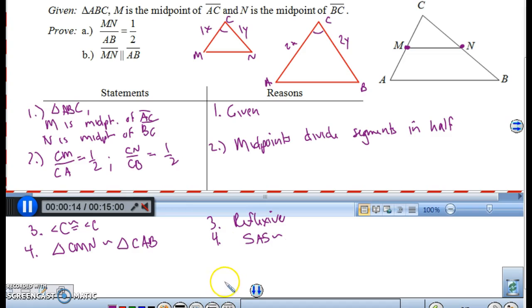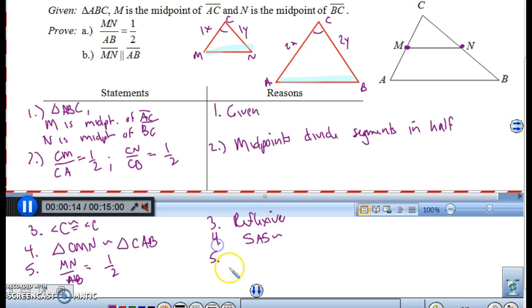Now, if those two triangles are similar, what does that tell me about MN and AB? Well, that means that all the sides are going to have the same ratio. So if CM and CA are ratio 1 to 2, that means that MN and AB are going to be the ratio 1 to 2. So MN to AB is in the ratio of 1 to 2.